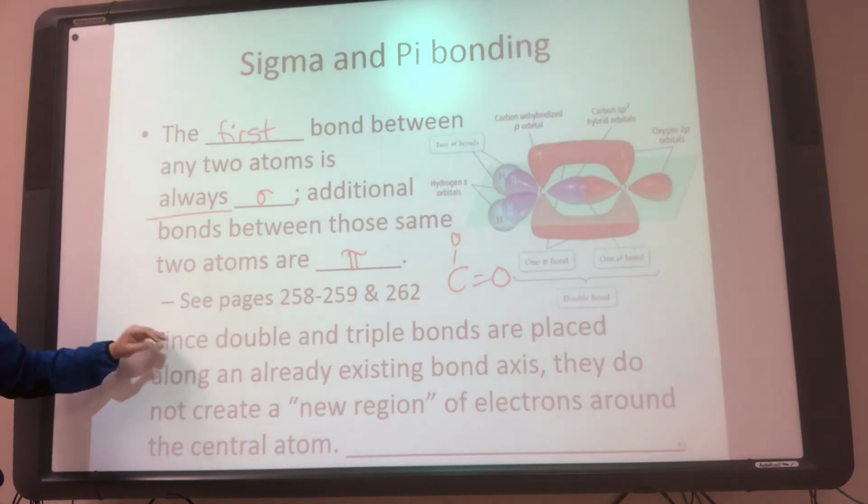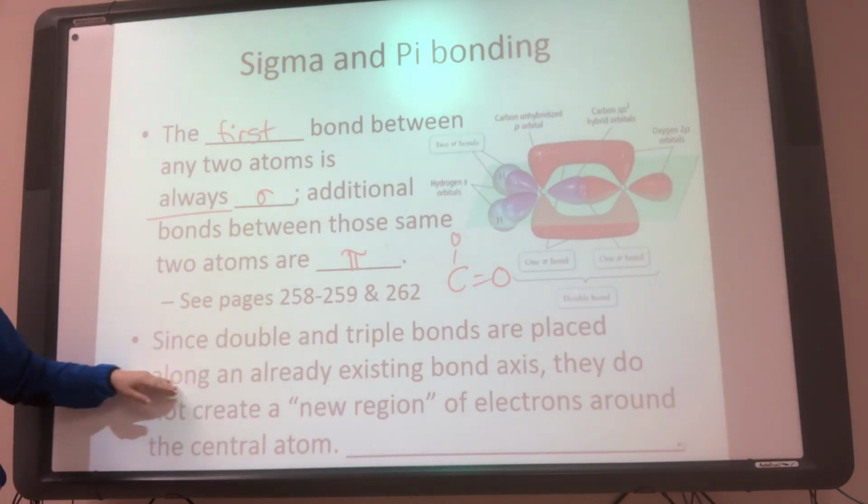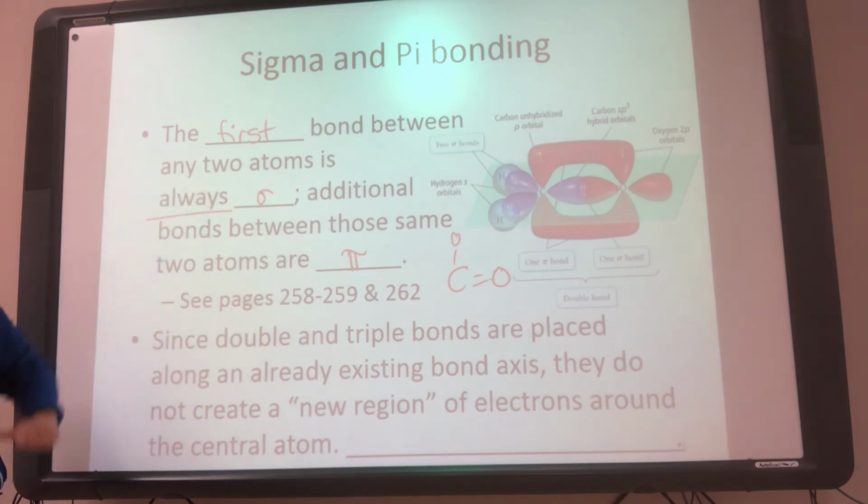So double bonds and triple bonds are along an already existing bond axis, that sigma bond. They don't create any new regions around the central atom. This is why it doesn't matter if it's a double bond or not whenever we're looking at the shape and the hybridization.